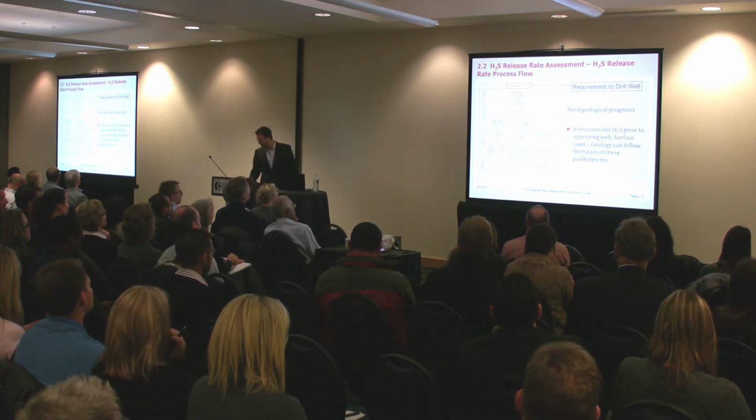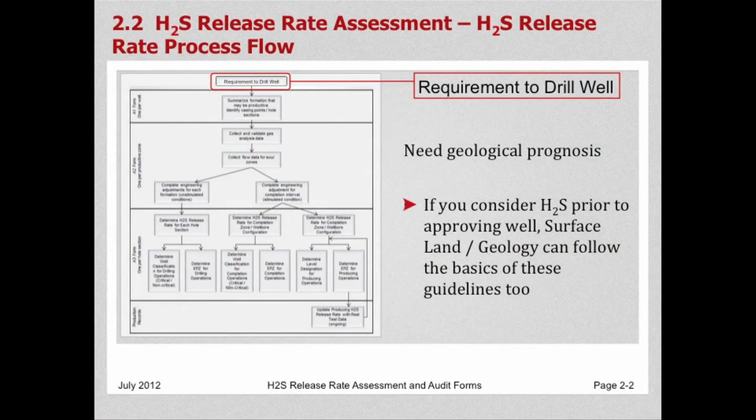On to section 2.2. The CAPP guidelines have laid out a very nice process flow to describe the steps involved in coming up with an H2S release rate. The order comes down to this: there is a well to be drilled, and you need to get the license. In order to get the license, you need to do your H2S release rate assessment.